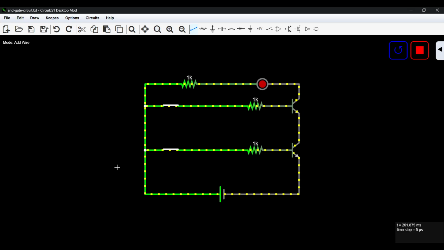That's how it works. And as we can see on this circuit, we have the switches.